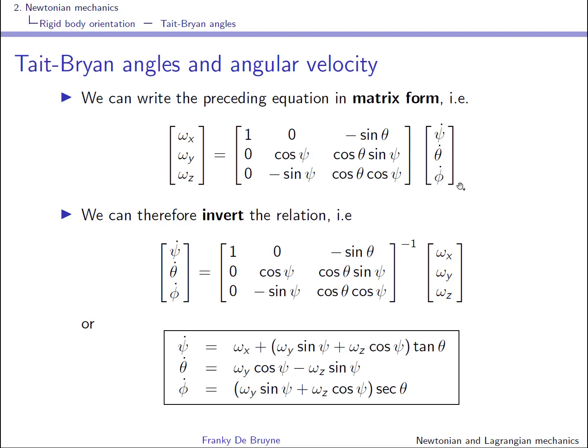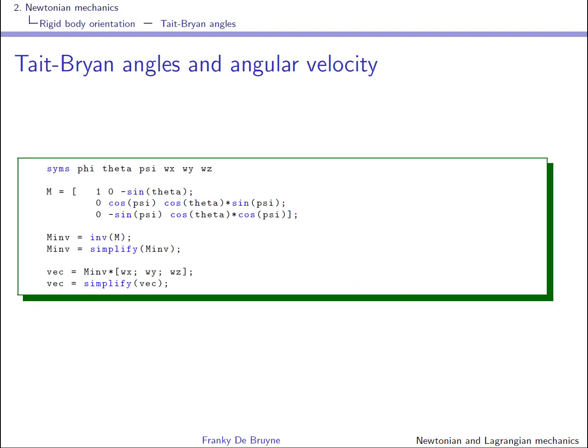So I would like to be able to write the derivatives of the Tait-Bryan angles knowing the xyz components of the omega vector. Of course, then you have to invert the relation, and straightforward calculations give you this thing here. And these calculations are straightforward if you again use the symbolic toolbox of MATLAB. It's just a question of minutes, right?